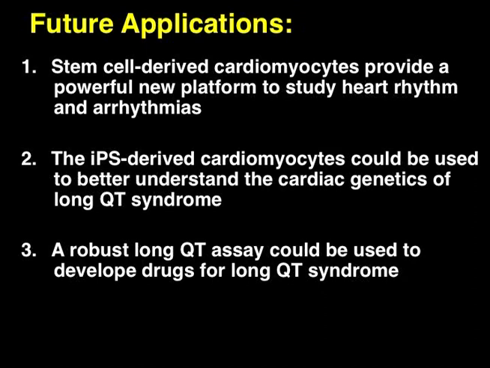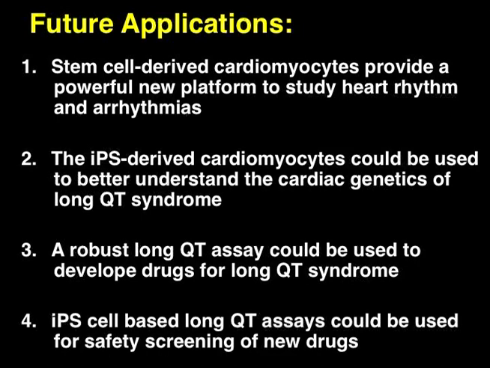There are types of long QT for which there really are no good drugs, and rather than testing drugs out in these people, we can test them at least in a plate first and try to identify those. And then finally, the iPS cell-based long QT assays could be used for safety screening of new drugs. So before a drug is released out into the public, it could be tested on this.